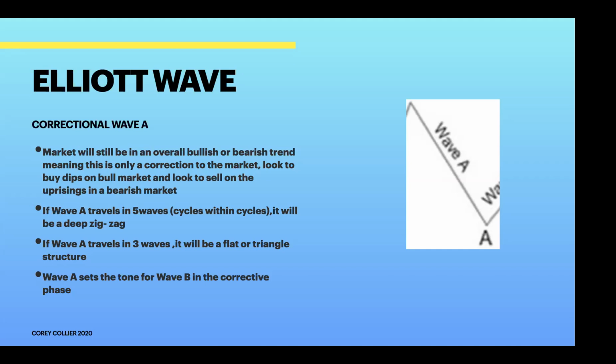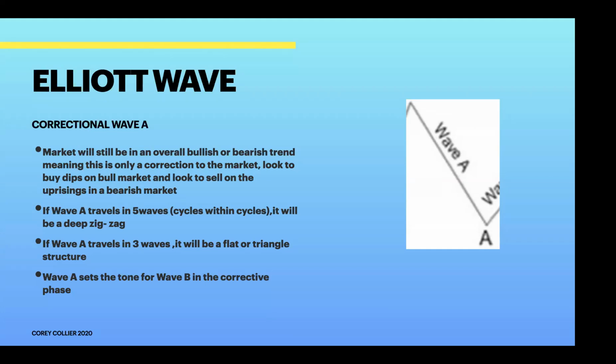Now, if wave A, guys, travels in 5 waves, meaning it does its own Elliott impulse wave in 5 cycles, right? Cycles within cycles, it will be a deep type of zigzag, the whole ABC correction. If wave A travels in 3 waves, it's going to be a flat or a triangle structure.